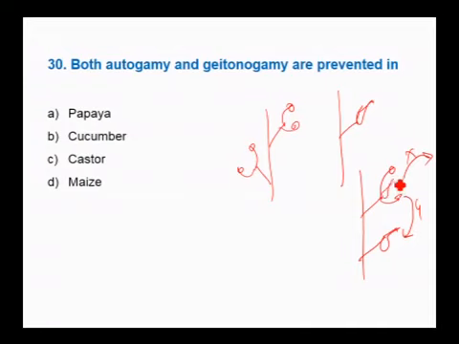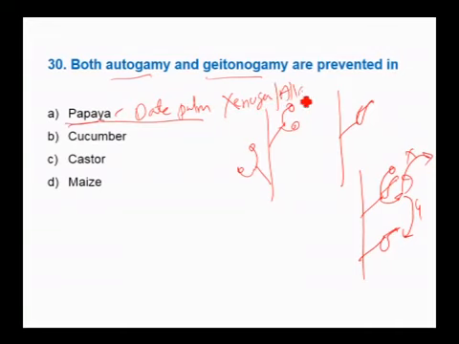Suppose the plant is bisexual, autogamy is also possible. Autogamy and geitonogamy both can be prevented only when the plant is dioecious, like papaya and date palm. In papaya and date palm, they are dioecious plants. They can go for only xenogamy or allogamy. Therefore, the answer is papaya. Cucumber, castor and maize are monoecious, so in all these, xenogamy is possible and autogamy is possible. Therefore, papaya is the right answer.